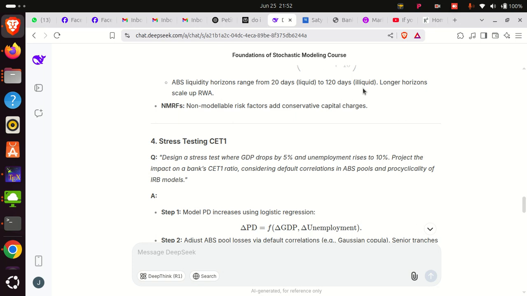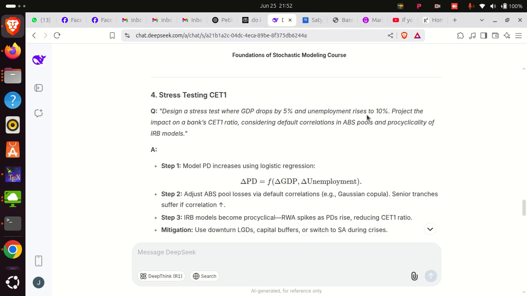The next is stress testing for CET1. So design a stress test where GDP drops 5% and unemployment goes to 10%, and project the impact on the bank's CET1 ratio. Consider default correlation in the ABS pool and procyclicality of the IRB model. So model PD increases using probability of default with logistic regression, and we find out the delta, and this could also be done through attribution analysis.